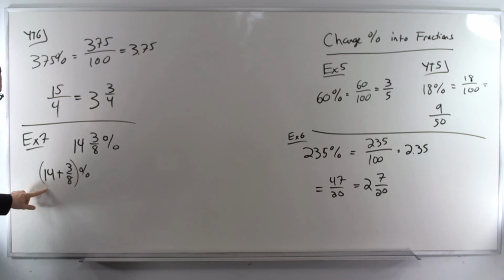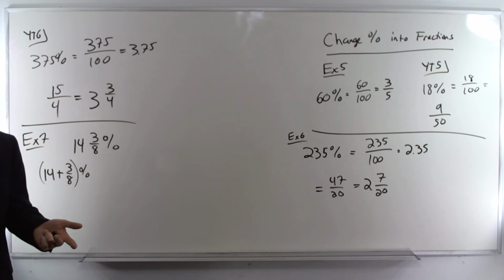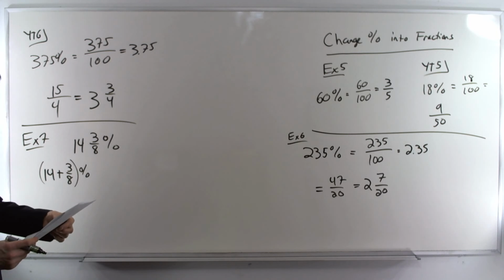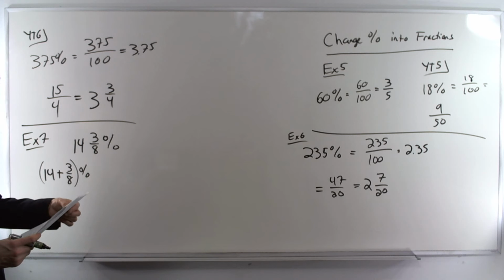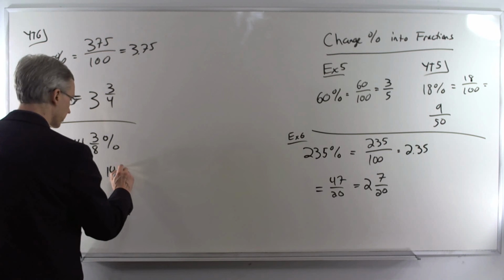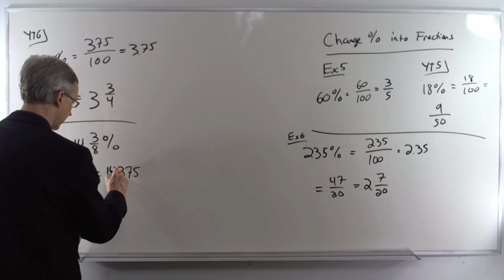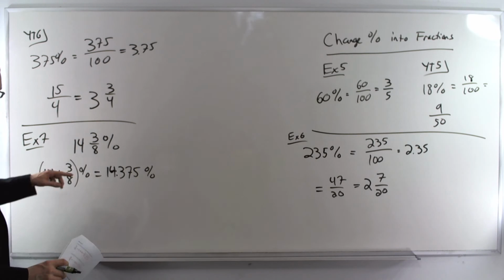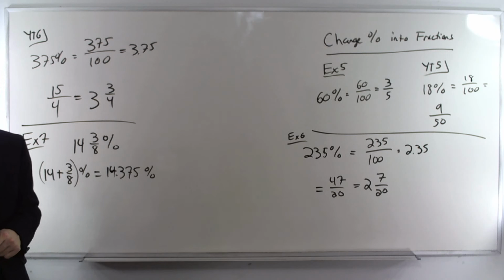So if you want to find out what this number is, you could just stick in your calculator 14 plus 3 divided by 8. And that will give you the decimal 14.375. So this is 14.375%. So the first thing you can do is just take that mixed number and turn it into a decimal.